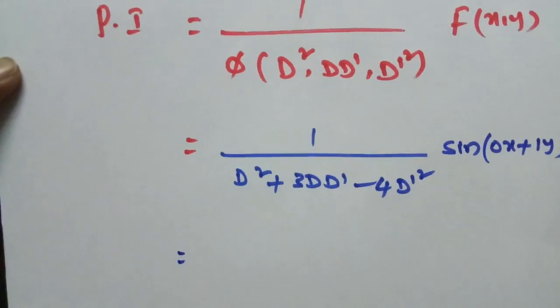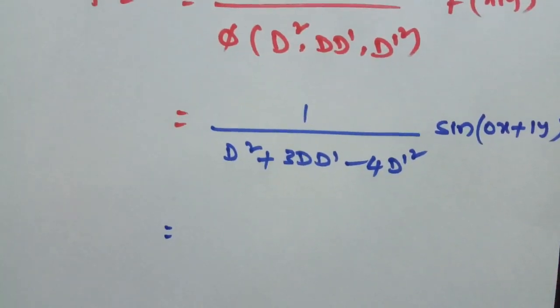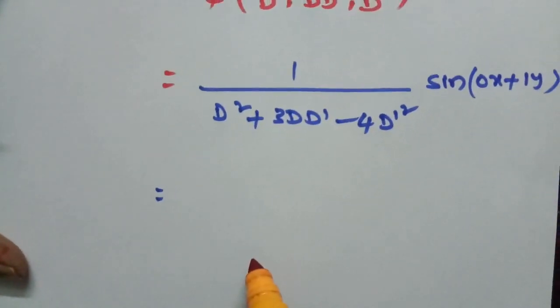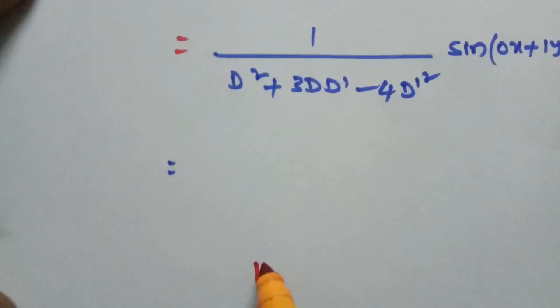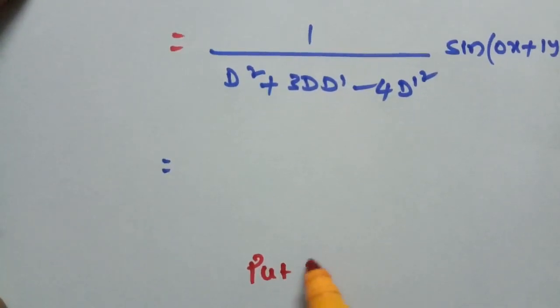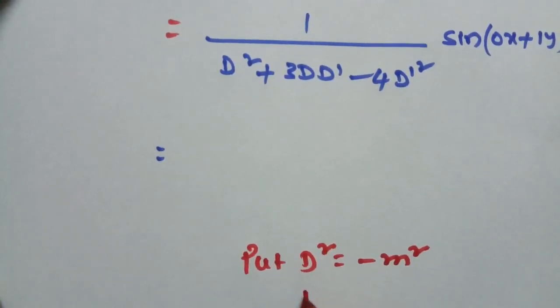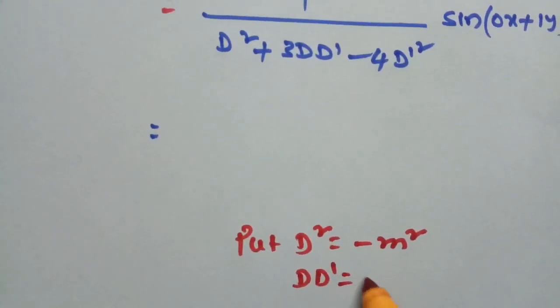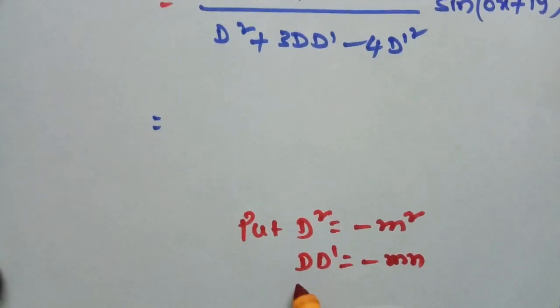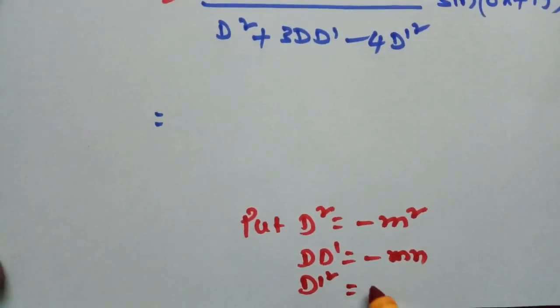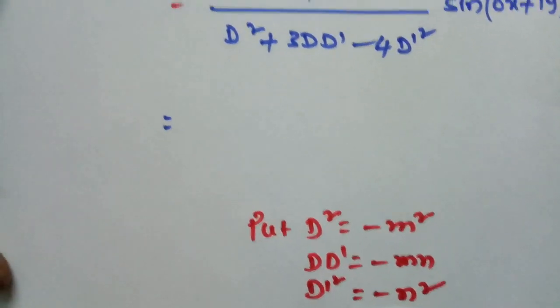Therefore, put D square equal to minus m square, D dash equal to minus m into n, D dash square equal to minus n square.